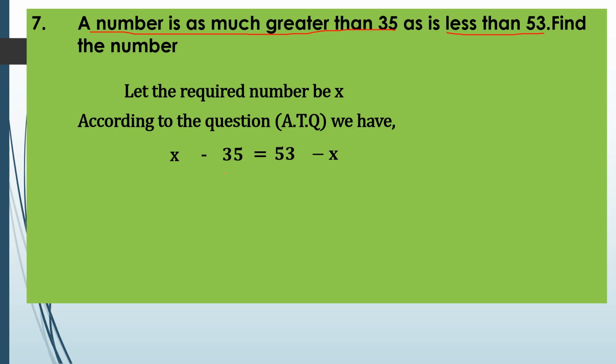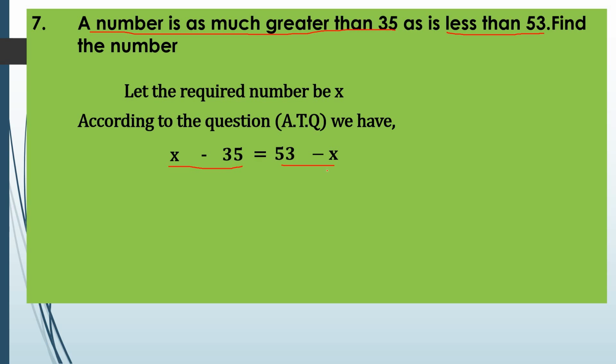So this is the required linear equation. A number is as much greater than 35, so this gives the first condition. As is less than 53. As means it is equal. Less than 53, so 53 minus x. This is the second condition.